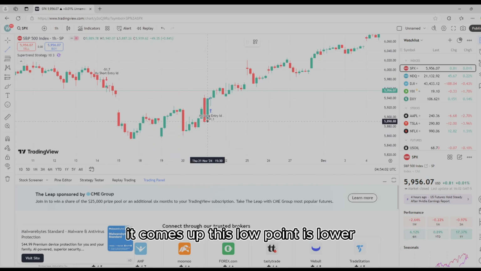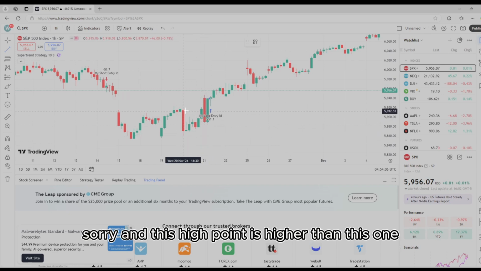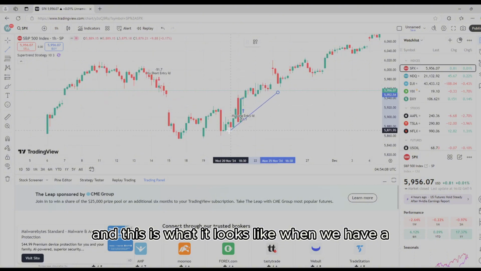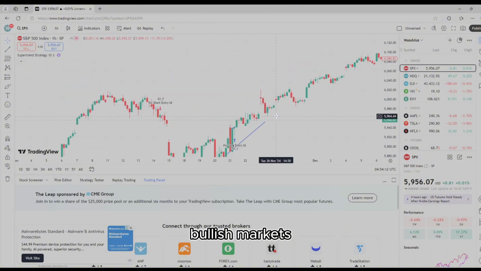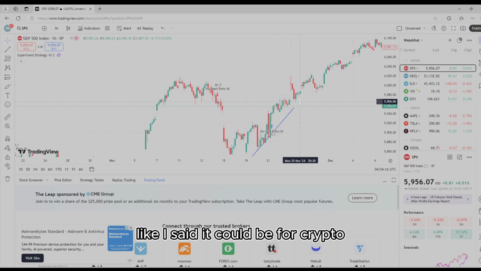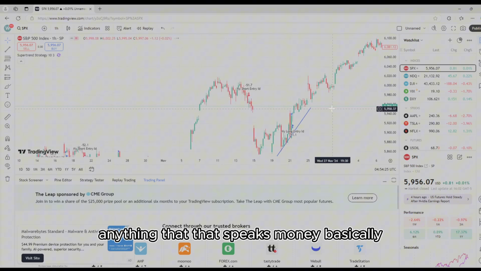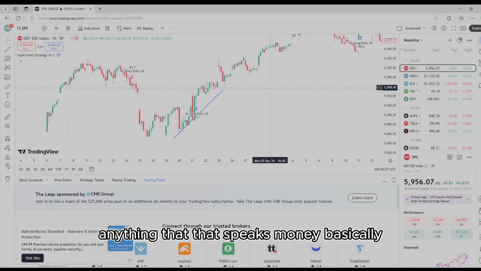It comes up. This low point is higher than this one, and this high point is higher than this one. And this is what it looks like when we have a bullish market. And this is universal, like I said. It could be for crypto, forex, stocks, futures, etc. Anything that speaks money, basically.